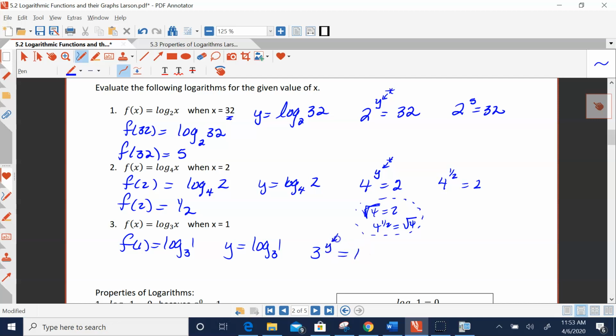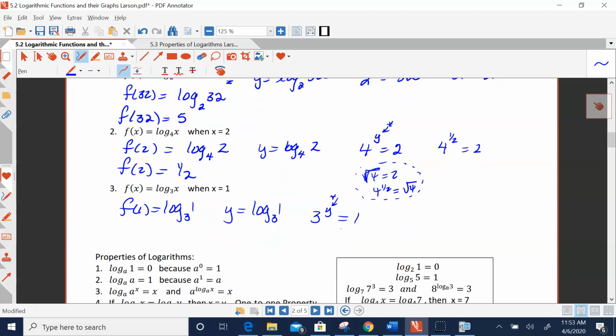So now I need to find out what would that exponent be on the number 3 so the result would be 1. Remember some of those exponent rules we looked at in a previous lab section? Just kind of keeping that in mind.